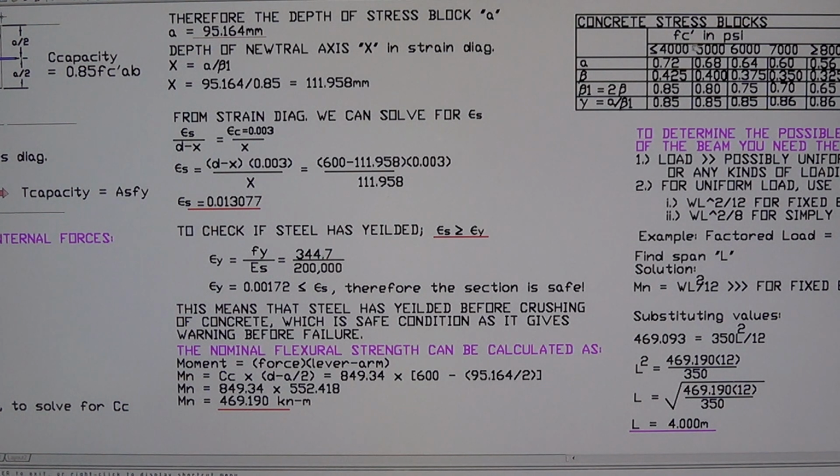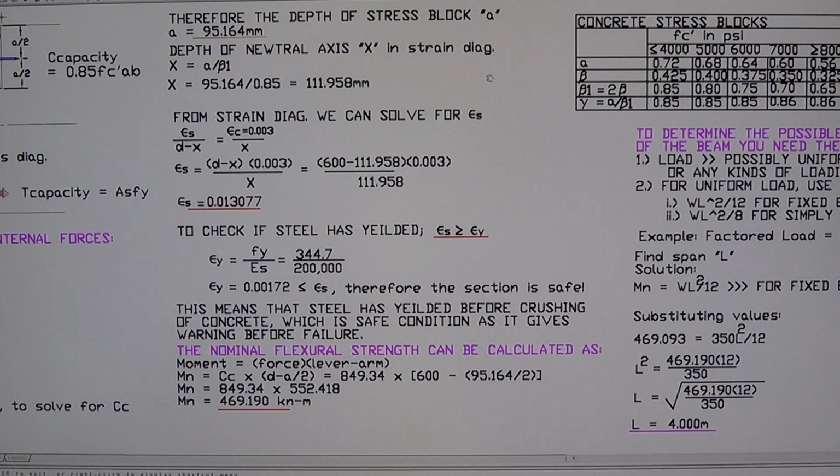So it is necessary to know the conversion from psi to MPa. I do have a video for that conversion. It's a short video, but I think it is important for some.